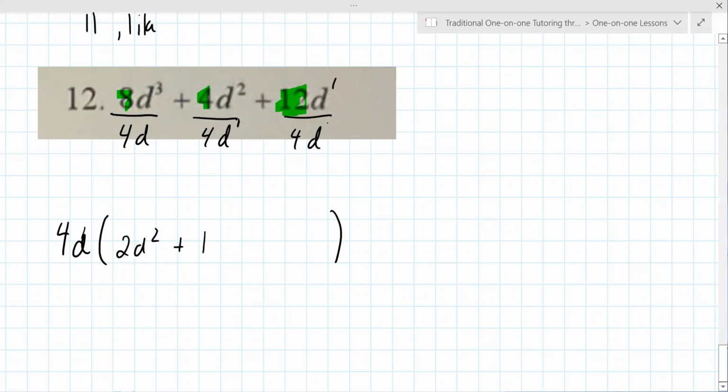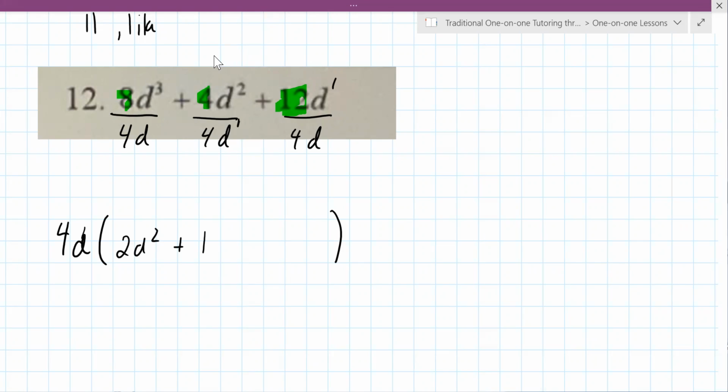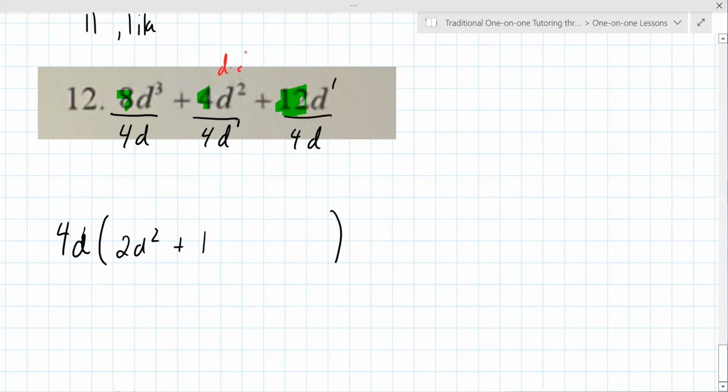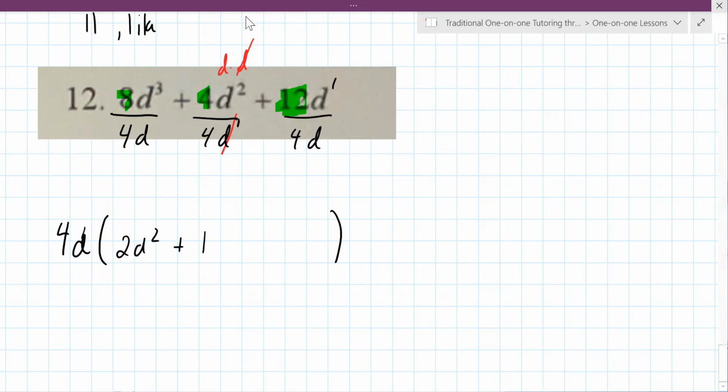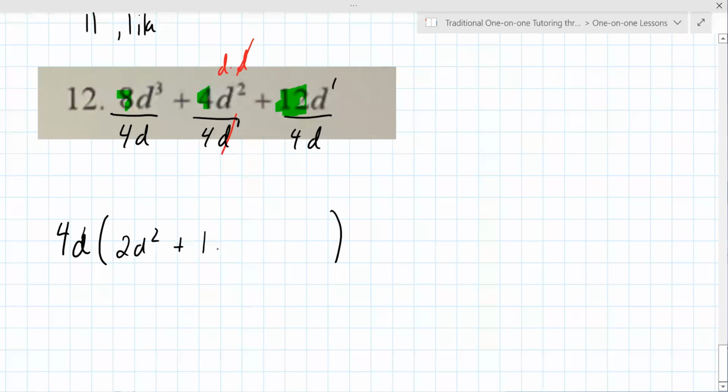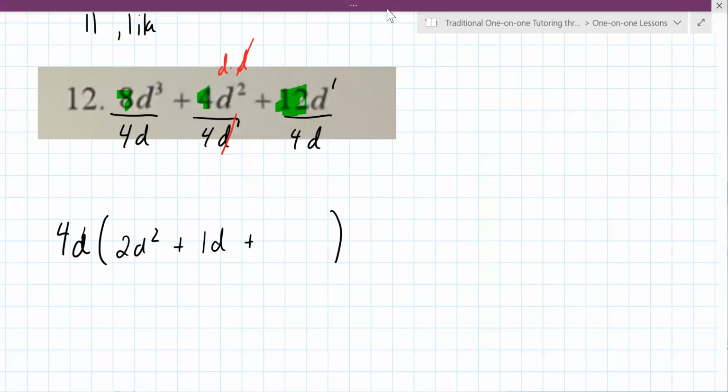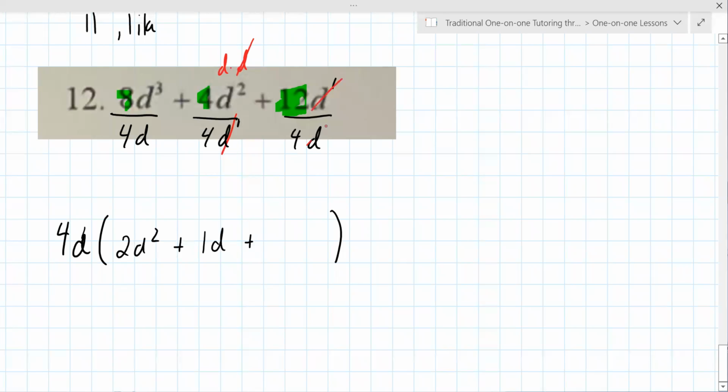So there's the middle one. Middle one here is d squared over d. You can think of it as there being d times d. So one of those cancels the one down here. So there is a d that's left over there. And then on the one on the right, the d's do cancel. So it is just 3.